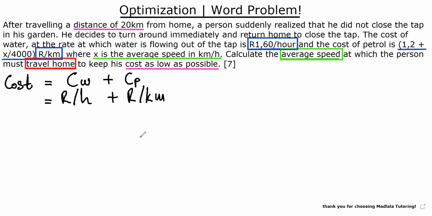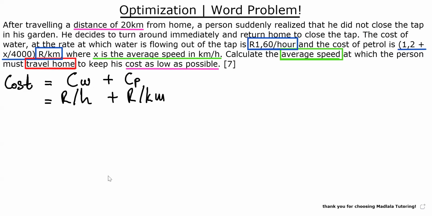And to be honest with you, this is not the cost and this is not the cost, but those are just the rates. So we need to find the actual cost of the water and the actual cost of petrol. So the question is, how do we get the actual cost?